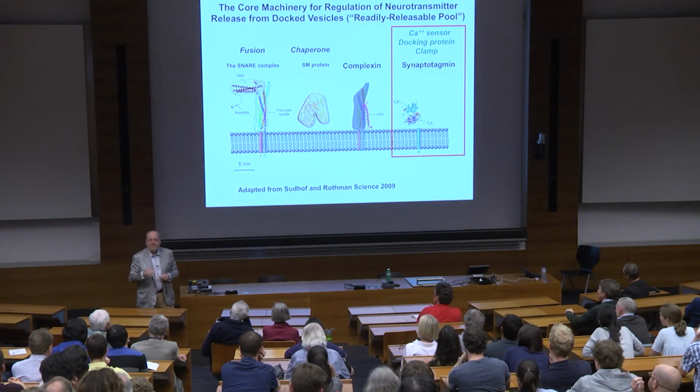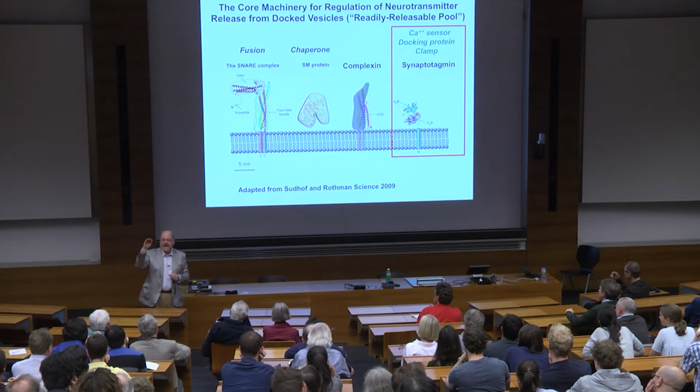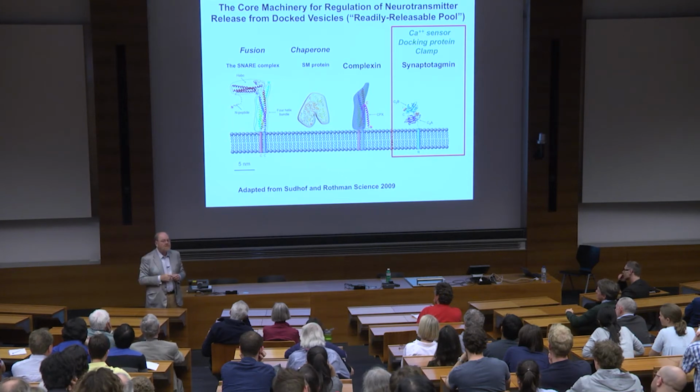But the most interesting part of the phenotype, I think, is what happens when you take this complexin out. If you remove complexin from the organism, obviously, or maybe not obviously, you don't live, you don't have a brain, but you can get the neurons out in many different organisms and ask what happens. If you take out complexin, the rate of spontaneous release, Katz's minis, goes up over an order of magnitude in most situations.